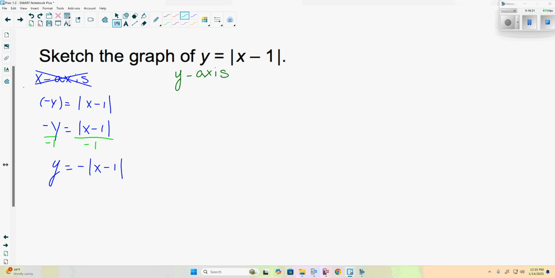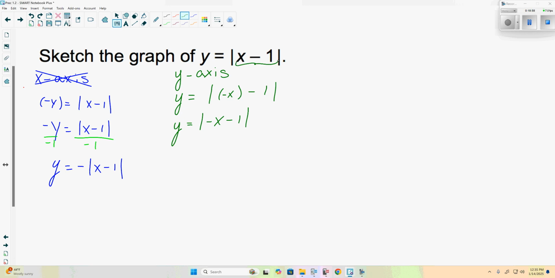The next one we can look at is the y-axis. And with the y-axis, we replace x with negative x. Now at this point, we can drop the parentheses, which will tell us that we have the absolute value of negative x minus 1. Is that the same equation that we had before? Because our original equation was what?